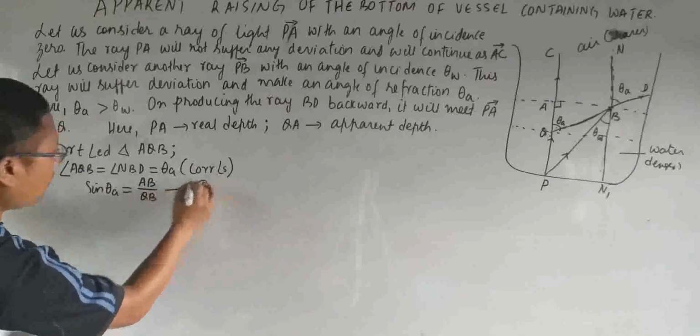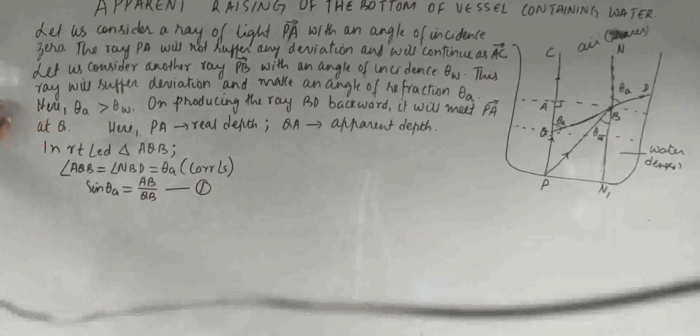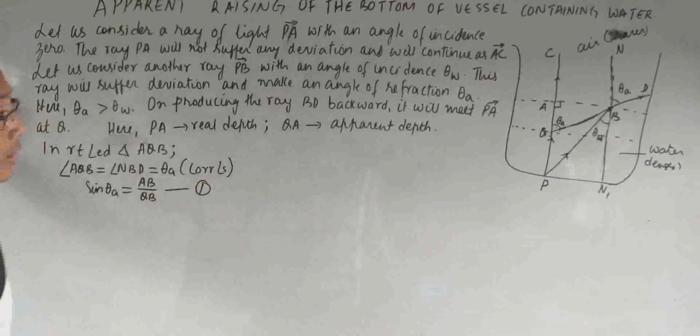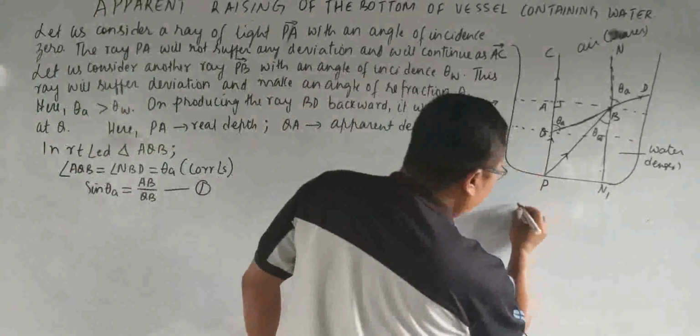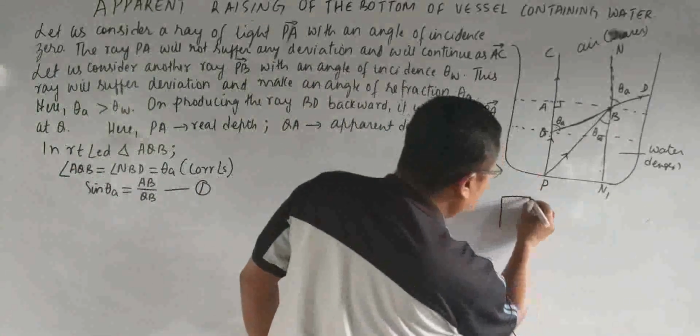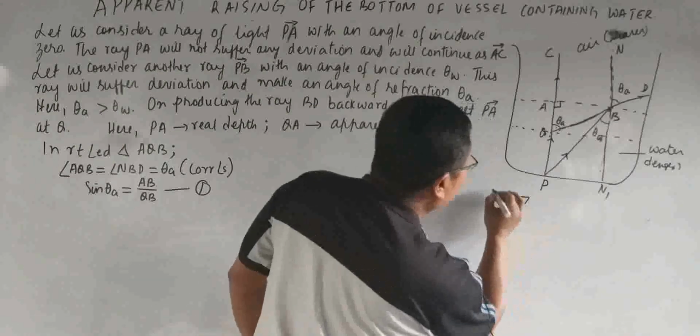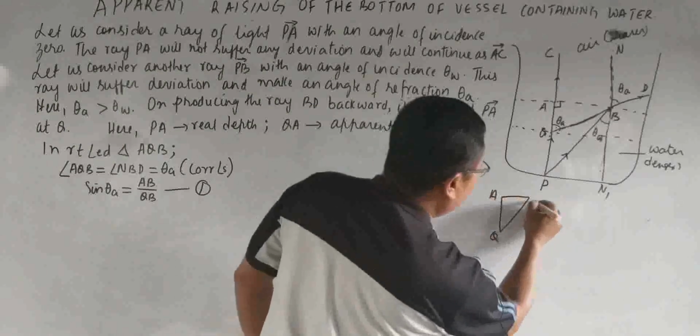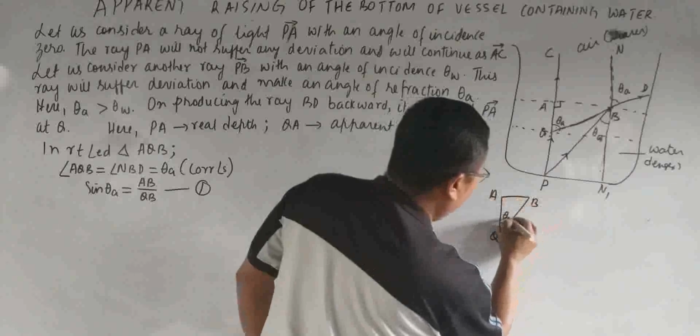Call it equation 1. Then you can separate this figure for simplicity's sake. So this is A, this is Q, this is B, theta A.